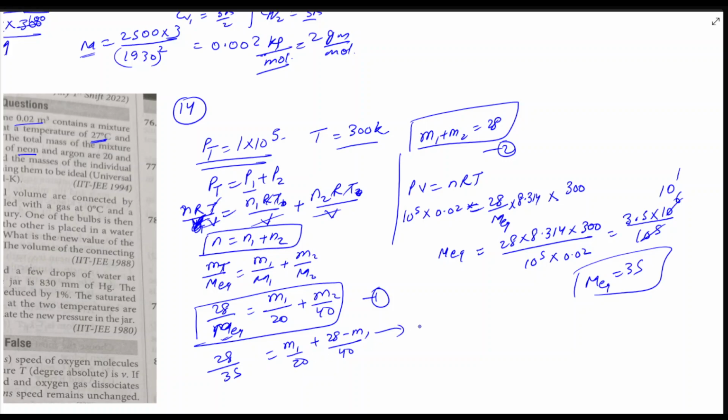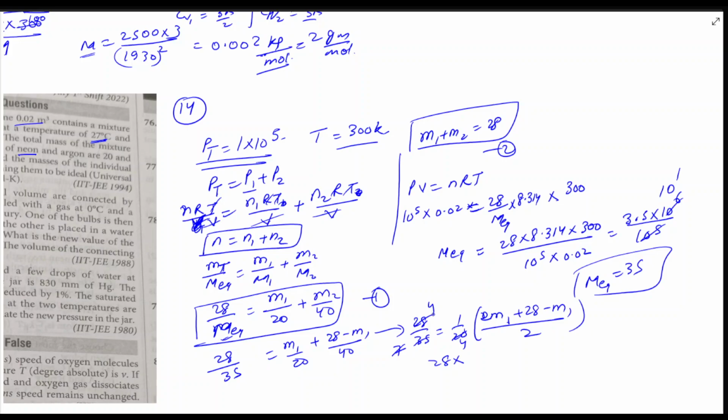So I will take 1 by 20 as common, so 28 by 35 will be equal to 1 by 20, and this will be 2m1 plus 28 minus m1 upon 2. Right? This was 2. Okay, perfect. So we will have simply 28 into, this is 4, this is 7, right?